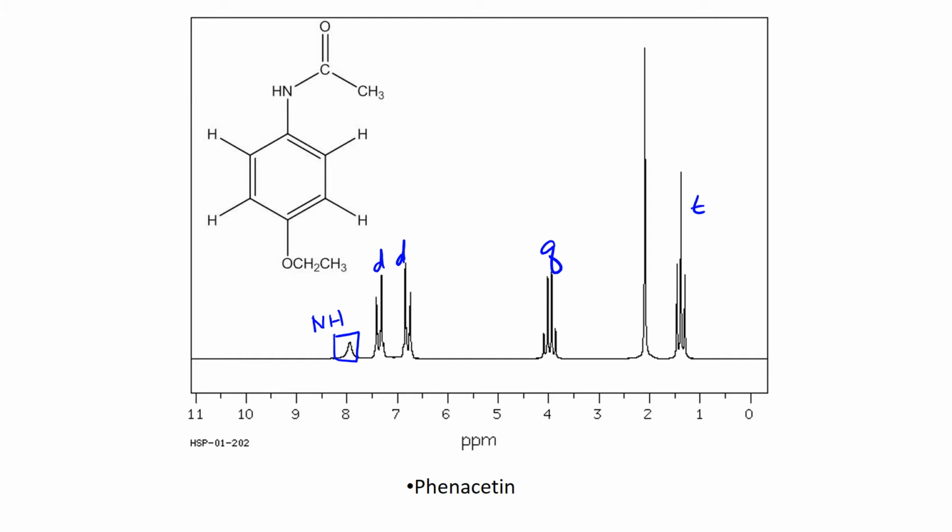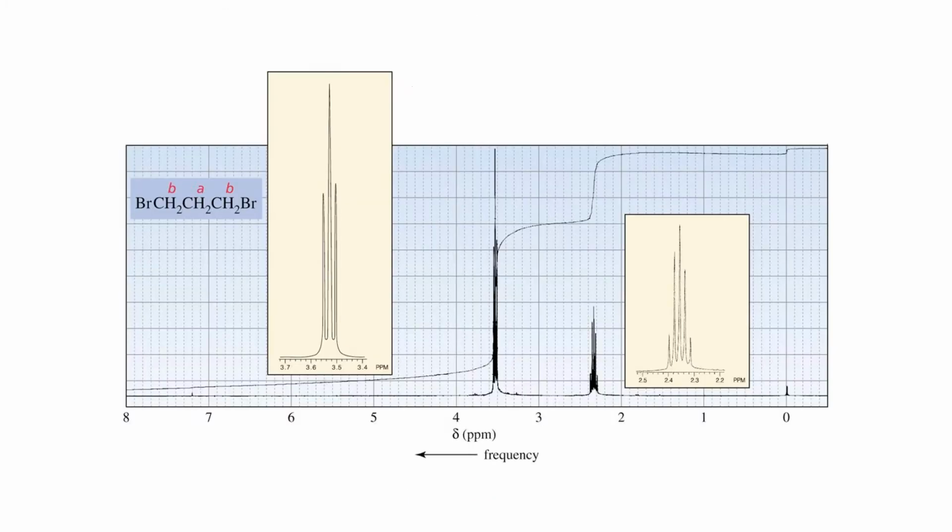And then finally the singlet that corresponds to this CH3 here. Once again, as far as which doublet peak is the one closer to oxygen versus nitrogen, if I had to guess, I would say that the oxygen is more deshielding, but to be 100% certain, you'd actually have to have more experimental data.